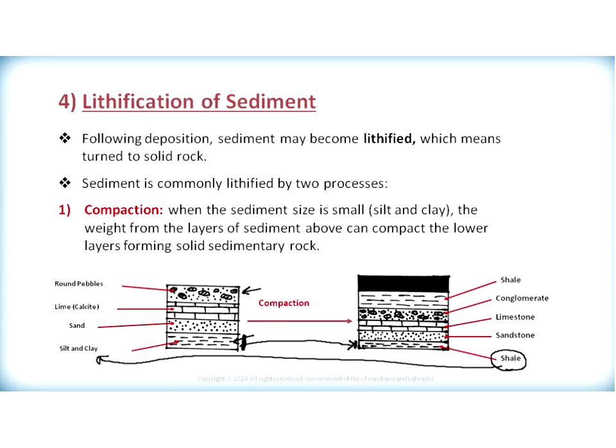This is due to compaction of the sediment. So as the silt and clay compacts, it can lithify and turn into a solid rock, which we call shale. So shale is formed from the lithification of silt and clay.